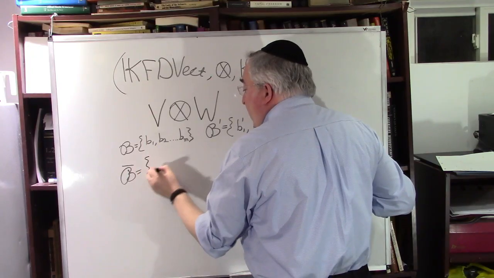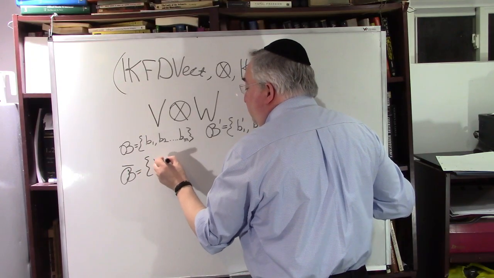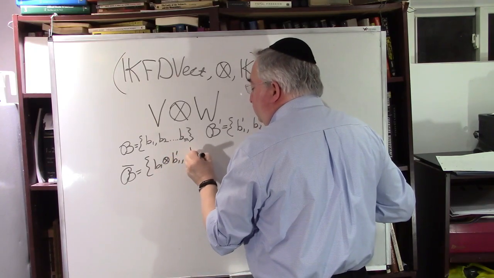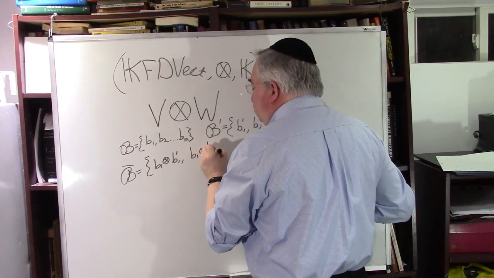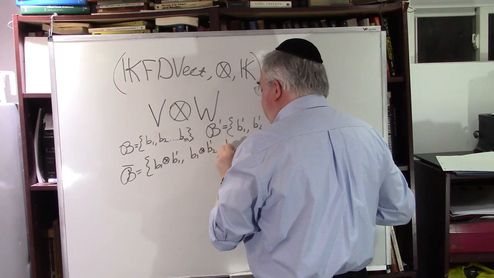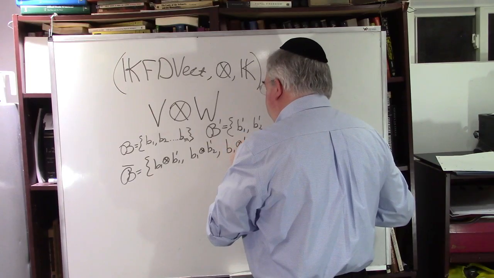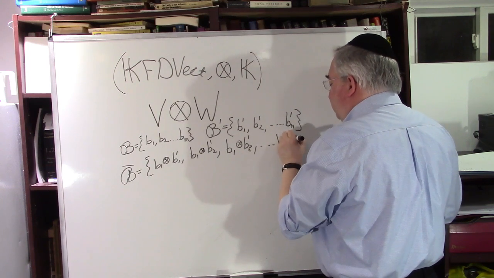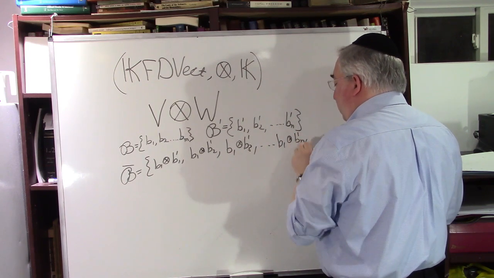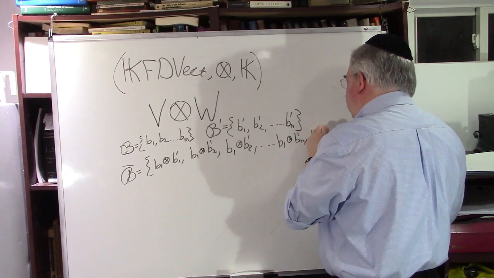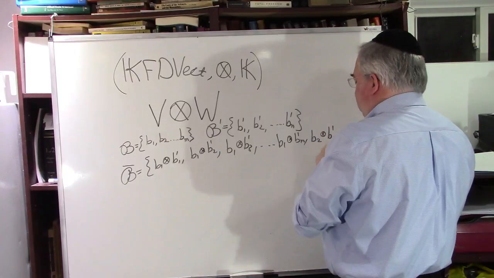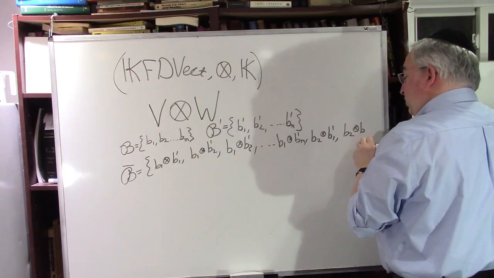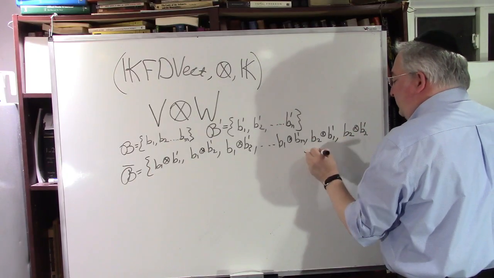Well, the objects are going to be B1 tensor B1 prime, comma, B1 tensor B2 prime, comma, B1 tensor B3 prime, dot, dot, dot, B1 tensor Bn prime, comma, B2 tensor B1 prime, comma, B2 tensor B2 prime, dot, dot, dot.